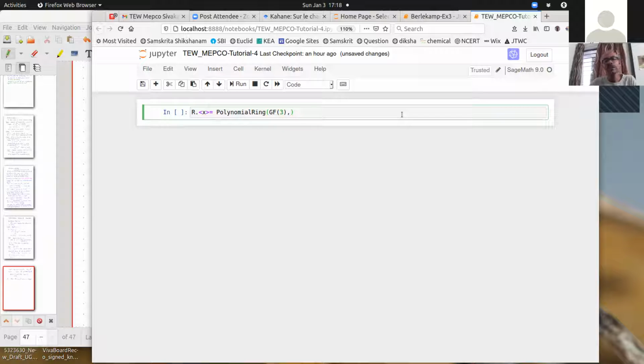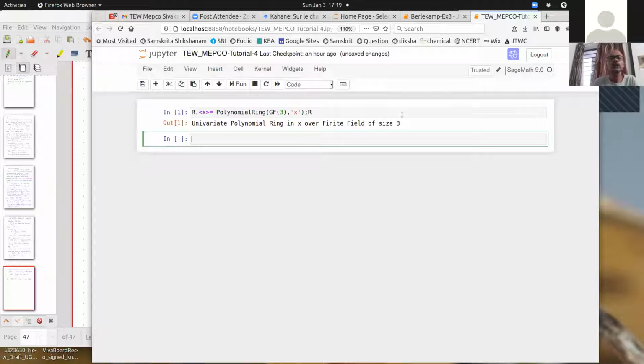GF3 is just a command for F3, a finite field with three elements, and I can give a name to the variable, which is the x. We are choosing x. So I just defined the polynomial ring, which is R, with the variable x, and it's over GF3, which is F3. So this says univariate polynomial ring in x over finite field of size 3, and that is what we want.